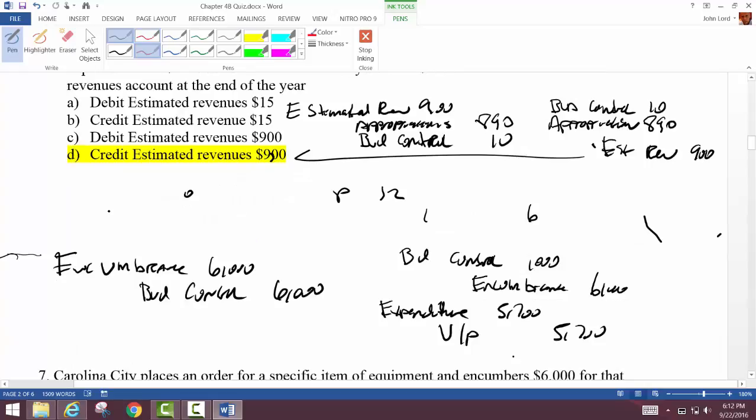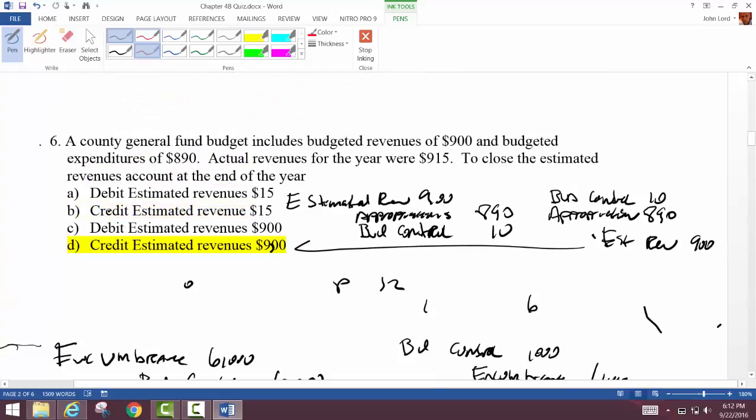Number 6, a county general fund. Here we go again. Okay, with one of these, I think that makes sense now. The county general fund budget included budgeted revenue of 900,000 and budgeted expenditures of 890. Actual revenues for the year were 950. To close the estimated revenue account at the end of the year, all I did here, guys, was set up what? This is the beginning of the year.